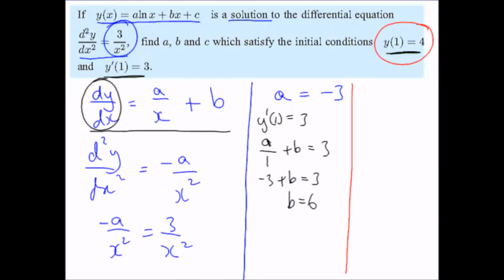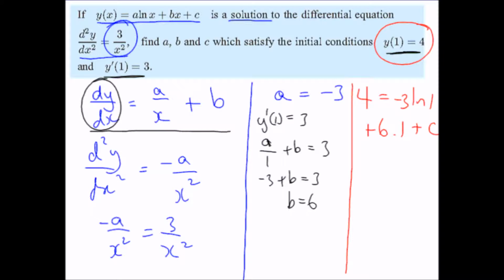I haven't used the value of 4 when x equals 1 yet in the original function, so let's do that. So we end up with 4 equals -3 ln 1 plus 6 times 1 plus c. That's replacing the value of x for 1 and y for 4 in the original equation.